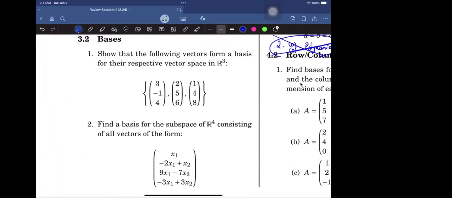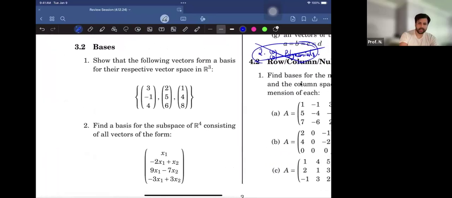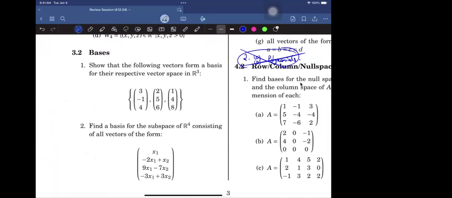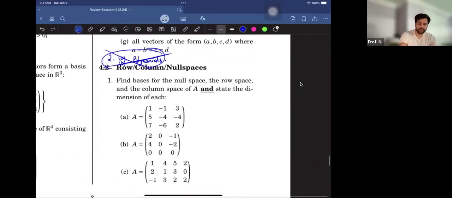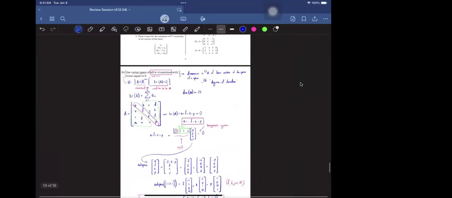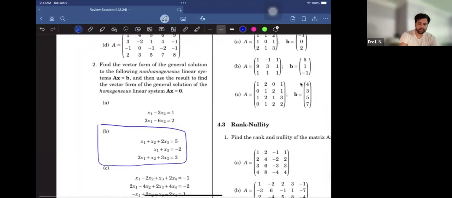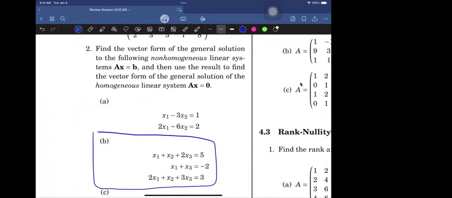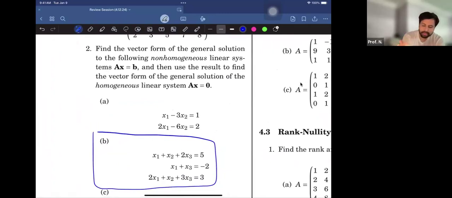Oh, I guess your sheet is a little different than the one on Blackboard. Yeah. Okay, so I think it's 4.2, number 2. Yeah, it's 4.2. Number which one? This one, 2B? Yeah, there we go. Yep, 2B. Oh, yeah, okay. Did I miss that one?